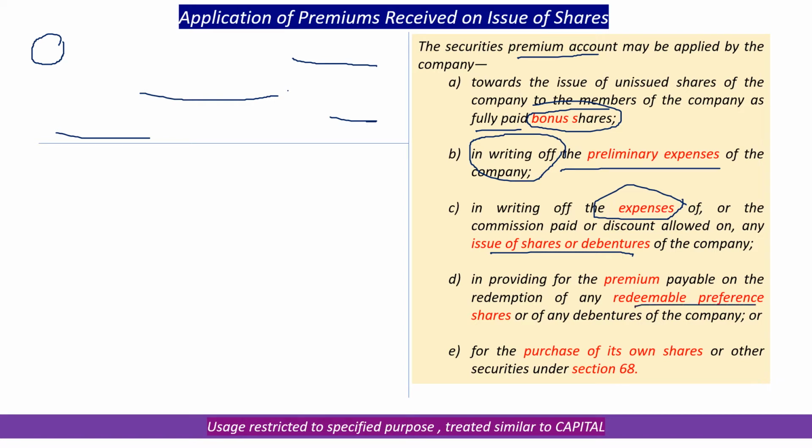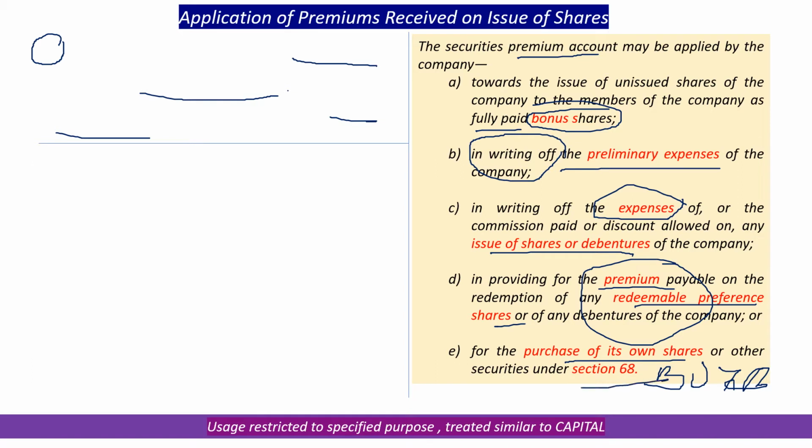And you might have redeemable preference shares which you will be redeeming. When you redeem preference shares, you might be paying a premium. You can use this to pay the premium on redemption. And share premium can also be used to purchase own shares, which we call buyback.